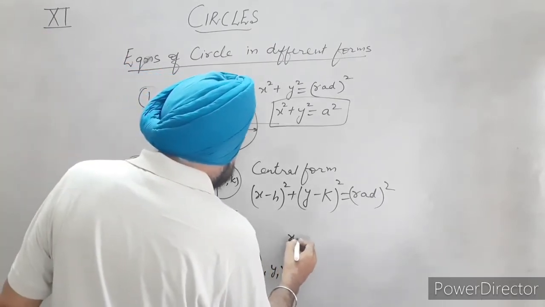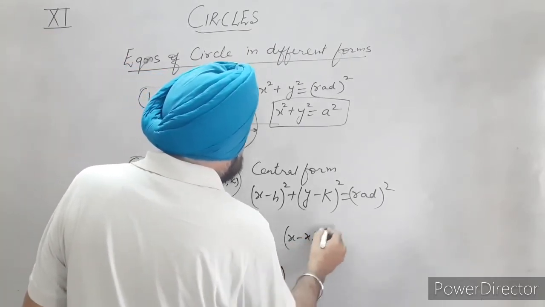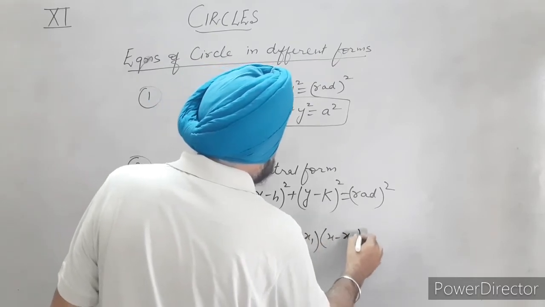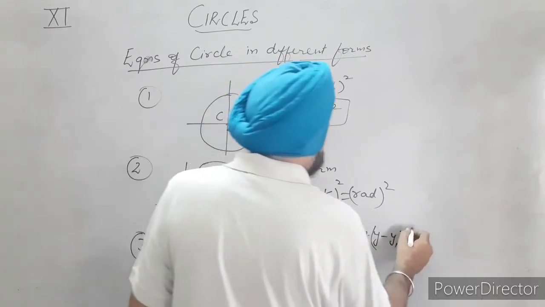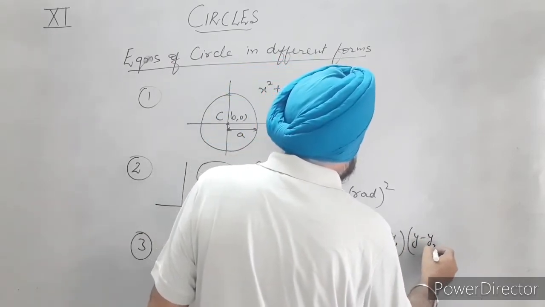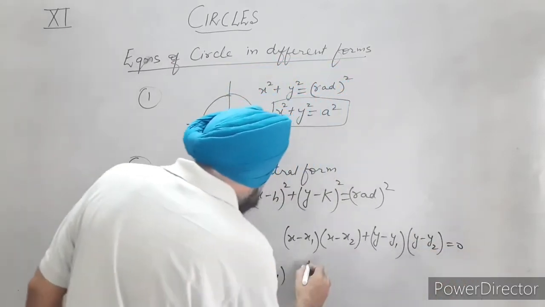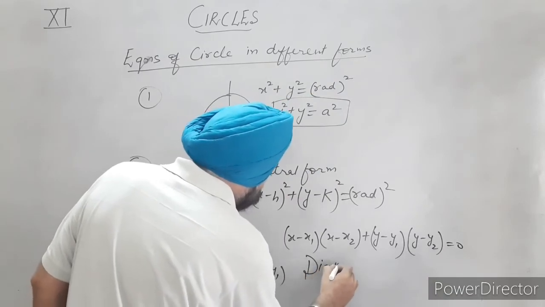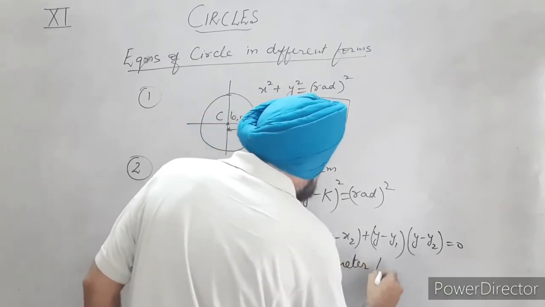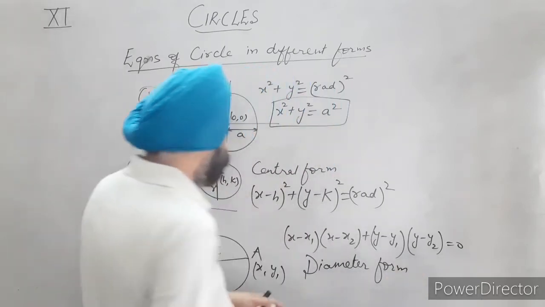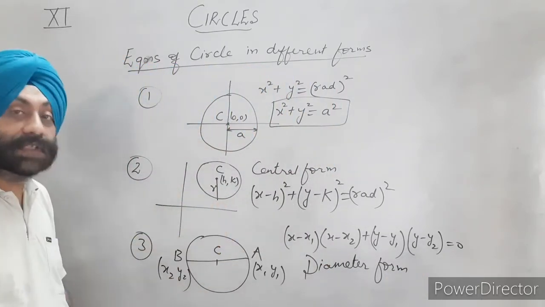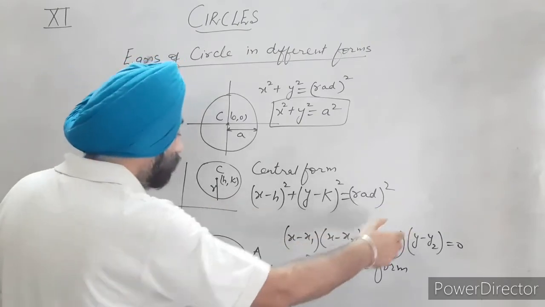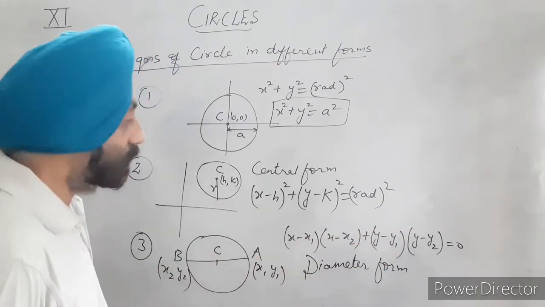It is (x minus x1)(x minus x2) plus (y minus y1)(y minus y2) equals 0. This is called the diameter form of equation, diameter form of the circle. It will give you the equation of the circle. You open this up, we will get the equation of the circle.